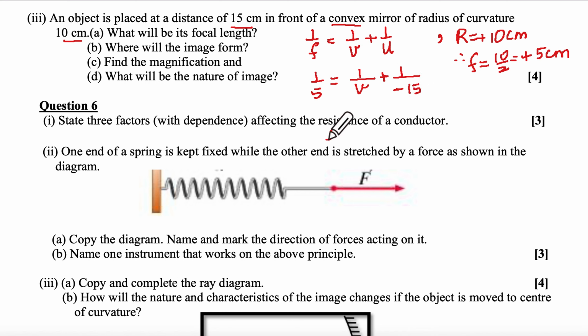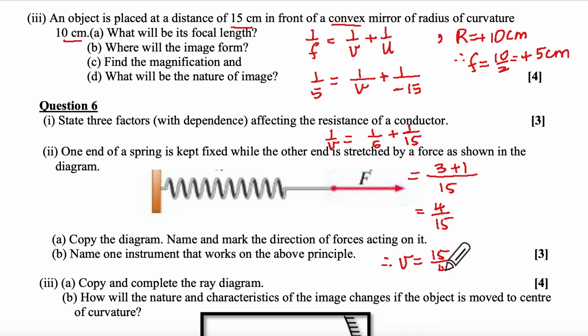So 1 upon V is equal to 1 upon 5 and this is minus, so it goes there and becomes plus. How much is that? 15 LCM 5, 3's 1's, 4 upon 15. So V is 15 by 4, 4 3's are 12 and 3/4 means 3.75 centimeter.